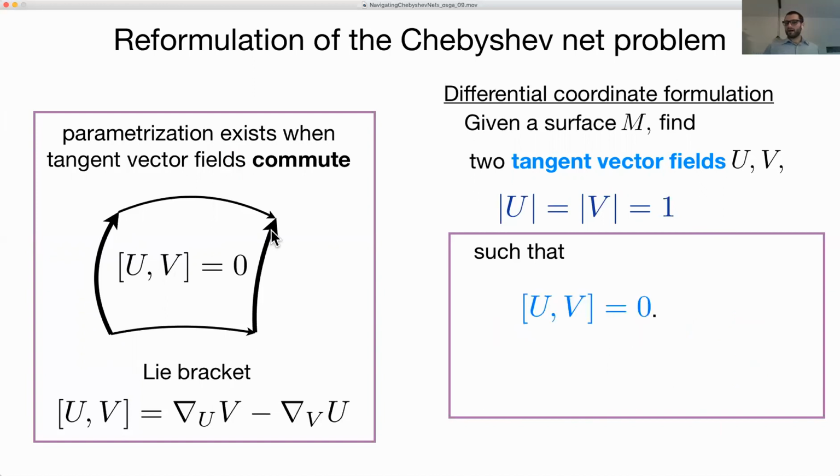So the differential coordinate formulation of a Chebyshev net on a surface is: we want to find two tangent vector fields, both of which are unit length, such that their Lie bracket is 0. And then we know that there exists a parametrization which we can integrate into a Chebyshev net, theoretically.